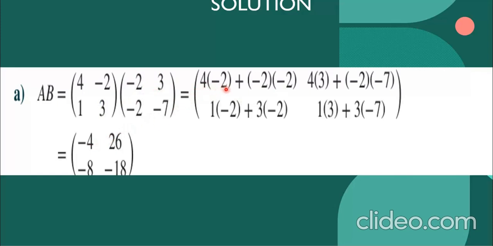So 4 times minus 2 plus minus 2 times minus 2 gives us minus 4. The same thing here.